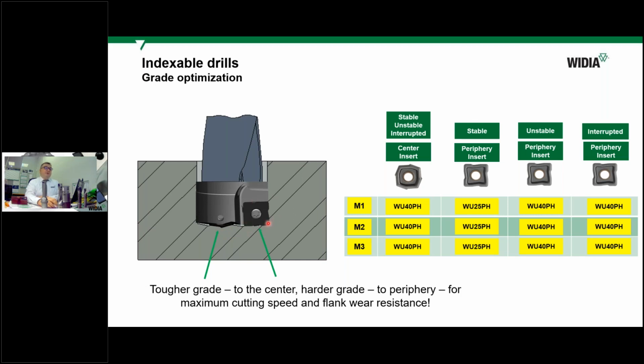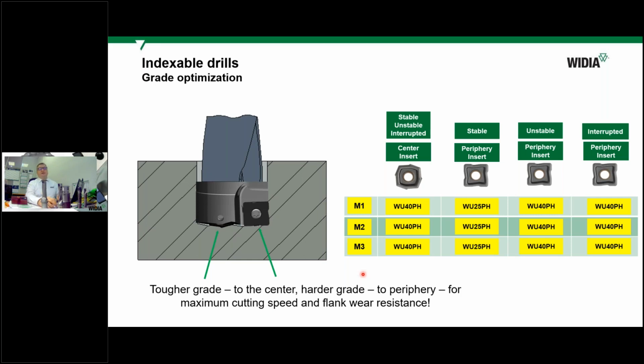But on the peripheral inserts, the cutting speed is maximum, and a lot of temperature is there if we work in a productive way with higher cutting data. Here we can very simply choose a grade which is harder than the grade for the central insert, and as a result we are increasing the cutting speed. Or if we don't want to do this, we can make the tool life longer.